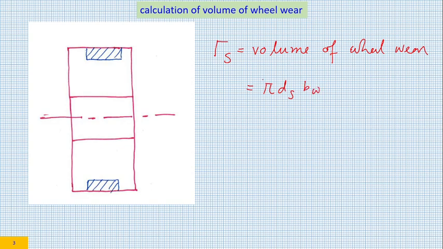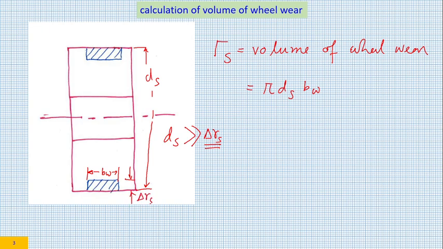That means this is the periphery of the grinding wheel and this is the width, and this is ds. Though you can say that there is some amount of wheel wear, why are we not considering that? We are not considering that because delta rs, this particular radial wheel wear, is very small. So that into delta rs, this is going to be your volume of the wheel wear.